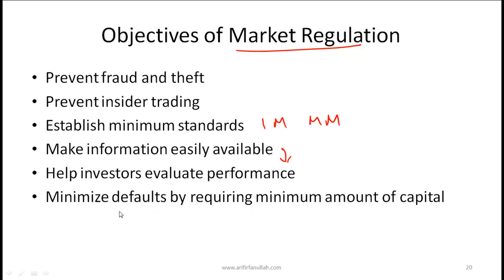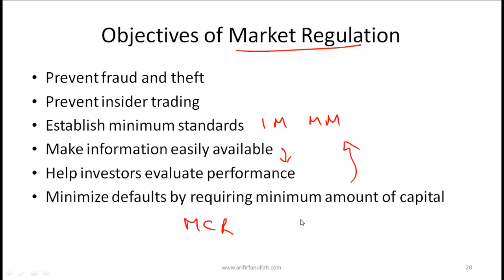And finally, we want regulation that helps minimize defaults by requiring minimum amounts of capital. So this also relates to the example I gave earlier. In the context of banking, there are minimum capital requirements that banks must keep in order to ensure that when depositors come for their money, the banks have it.